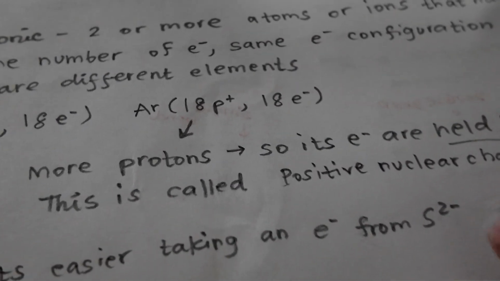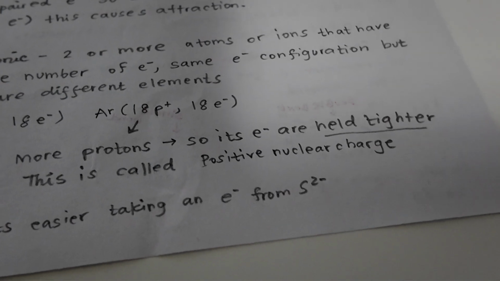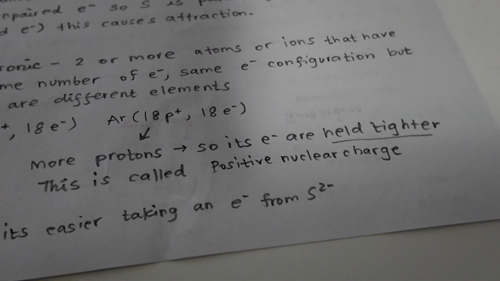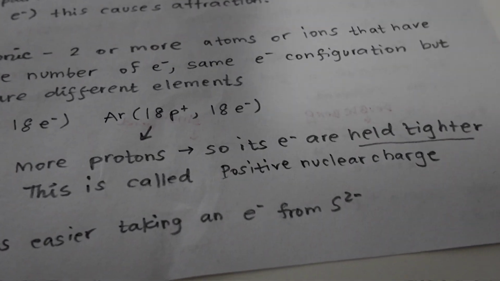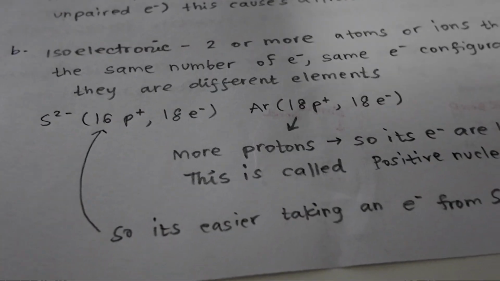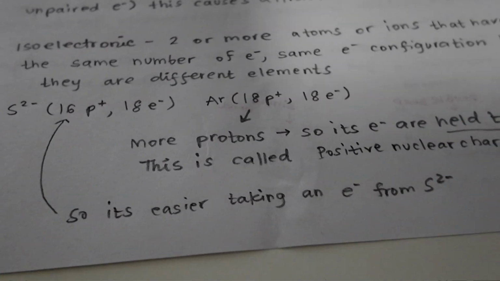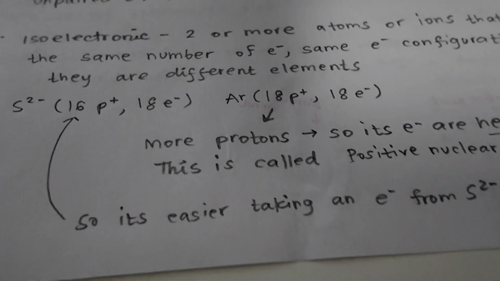But argon has 18 protons and 18 electrons, and because it has more protons, the electrons are held tighter. It has more charge to pull them together, and this is called positive nuclear charge. And so since argon has sufficient protons to keep the electrons tighter, it's easier to take an electron from sulfur. And that's all for today.